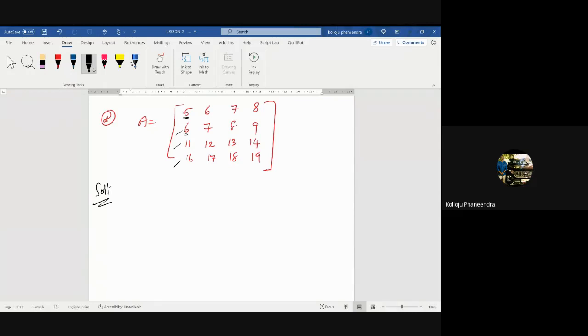There are somewhat heavy calculations, so to reduce them, minus R1 plus R2 makes it 1, isn't it? Let me take, wait: 11 minus 6, 5. 16 minus 11, 5.